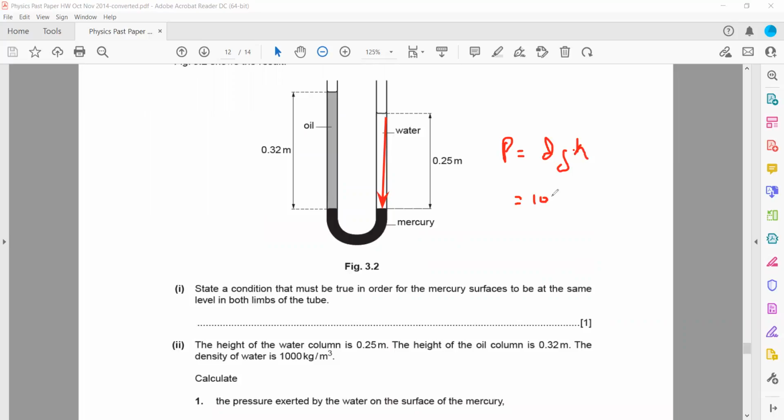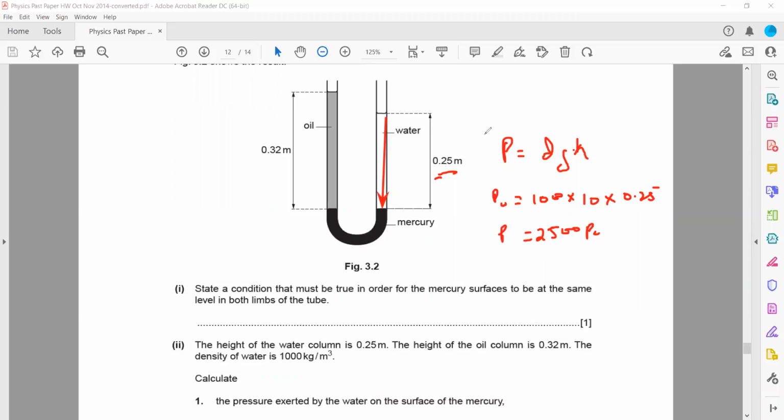The density of water is 1000, the gravity of the earth is 10, and the height is 0.25. So 1000 multiplied by 10 multiplied by 0.25 is equal to 2500 Pascal. That is the pressure exerted by the water.